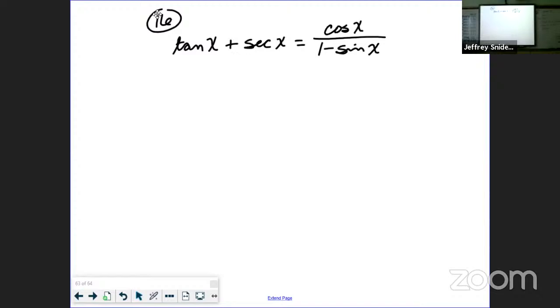Yeah, because tangent goes to sine x over cosine x, plus 1 over cosine. I just said it on the right side. Yeah, Mr. Schneider, I did exactly what you said. But if you add, it'll work. That's what they're trying to find out.